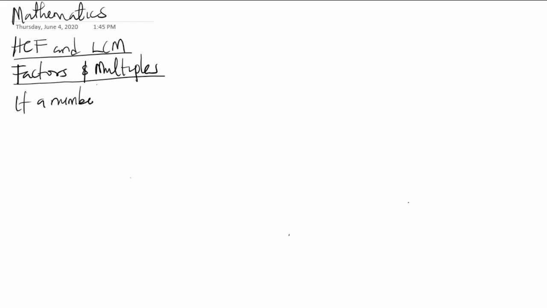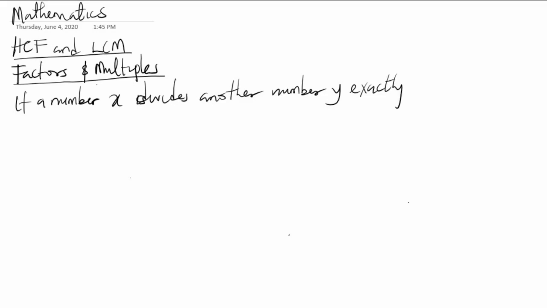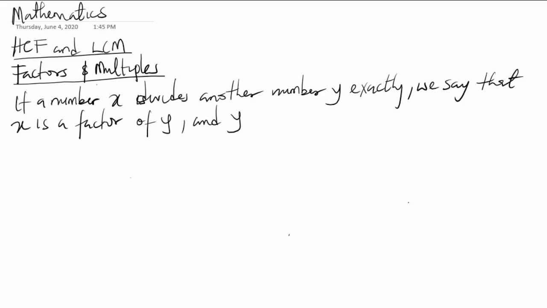If a number x divides another number y exactly, and when we say exactly, it means without any remainder, then we say that x is a factor of y and y is a multiple of x.